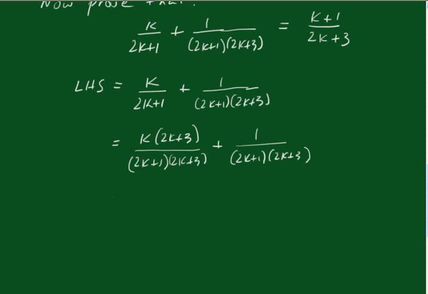Okay. Now we'll just remove those brackets. So it'll be 2k squared plus 3k plus 1 all over the common denominator of (2k plus 1)(2k plus 3).